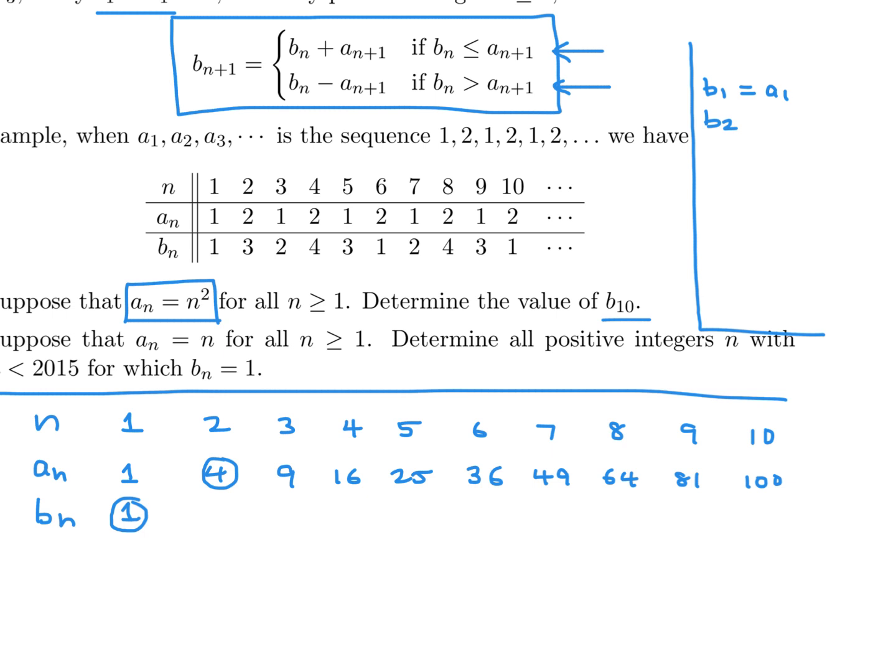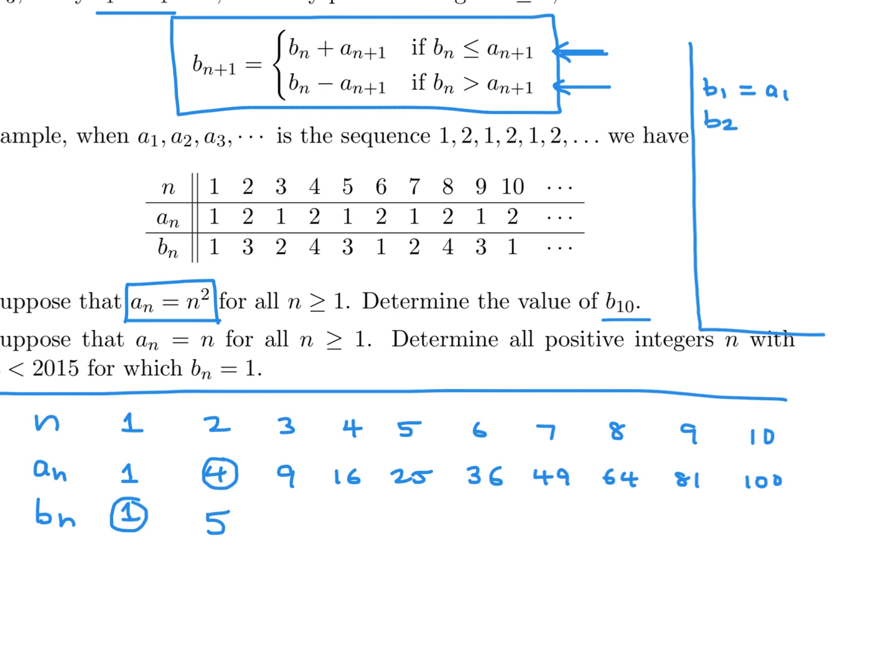Obviously a2 is bigger, so it would be the first scenario, because a2 is bigger than b1. If that's the case, then you just add those two numbers. So 4 plus 1 is 5.